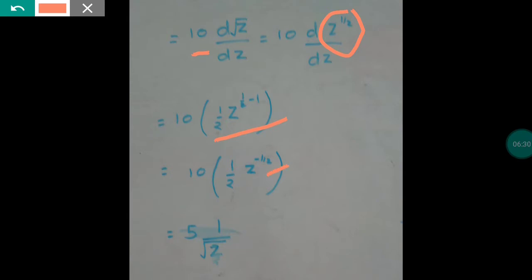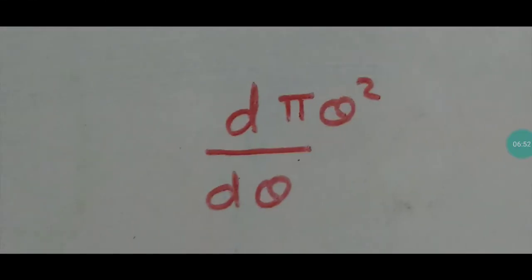And because it is z to the power minus 1 by 2, it is written as 1 over square root of z. This 2 will cancel out with this 10, and this will give 5. I'm saying again, watch the video again if you do not understand any step. Done? Let's go to the next thing.